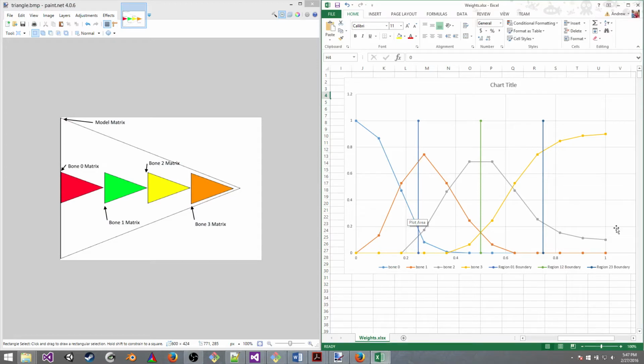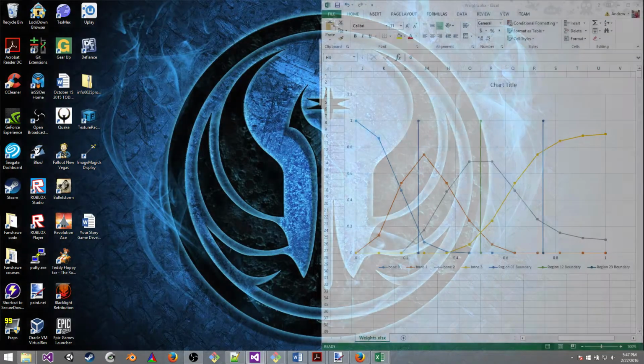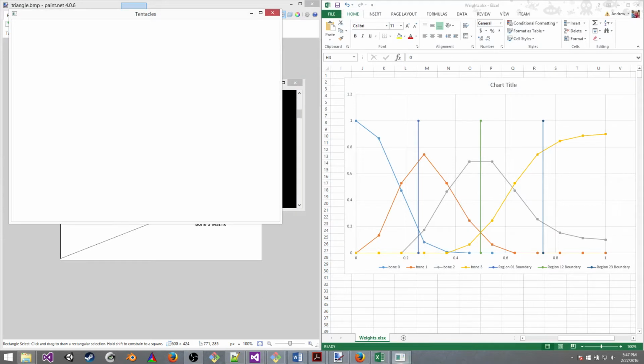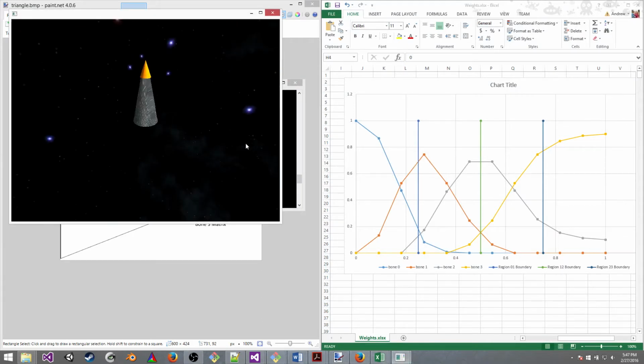Okay, let's take a look at the demo. If you press B, you can toggle between wireframe and textured mode. As you can see, the bones are represented here as cones.